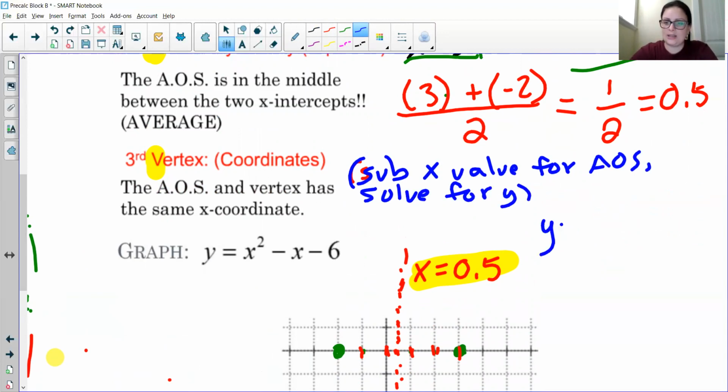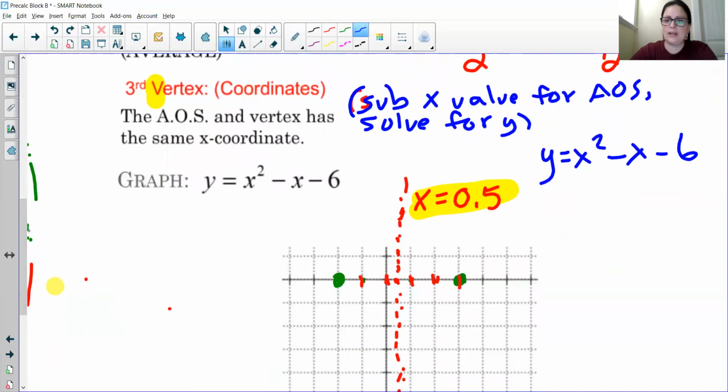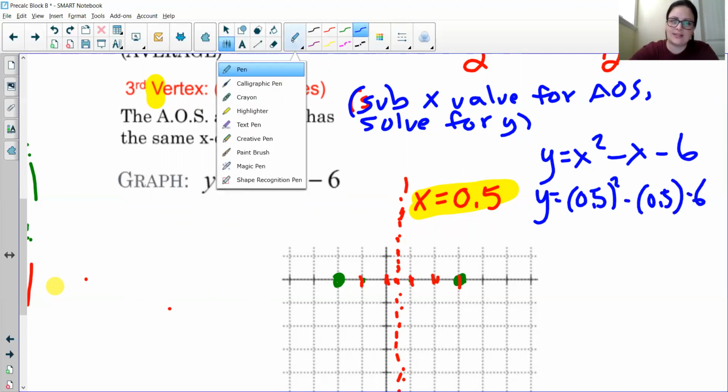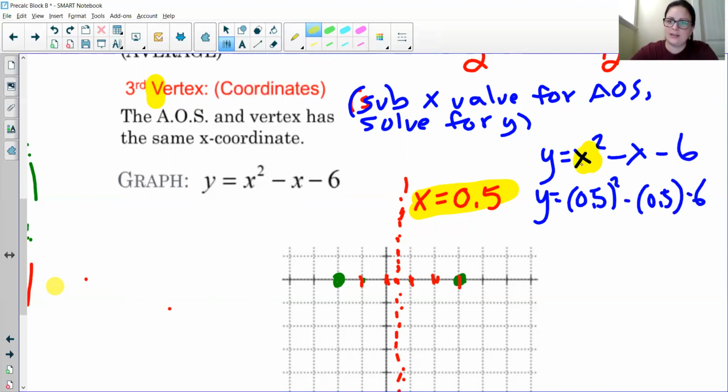So if y equals x squared minus x minus 6, we want to know what does y equal when x is 0.5. So we're going to put in a 0.5 for everywhere we see an x. So we have substituted the axis of symmetry value in for x to find out what the y value is.